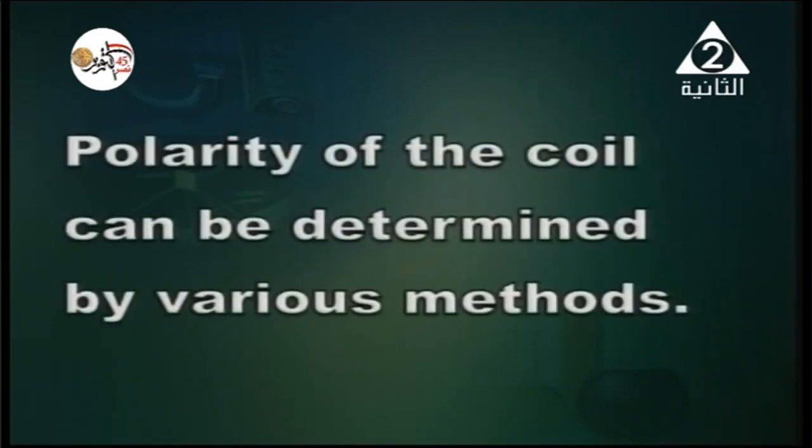Polarity of the coil can be determined by various methods. Okay, first of all, if the current flows in a clockwise direction, we expect a south pole. If it flows in anti-clockwise direction, we expect, of course, a north pole.